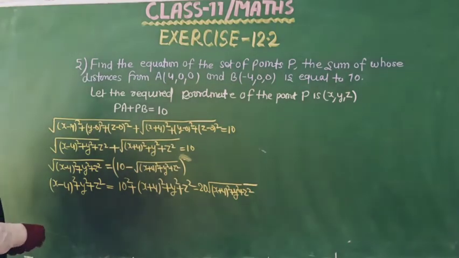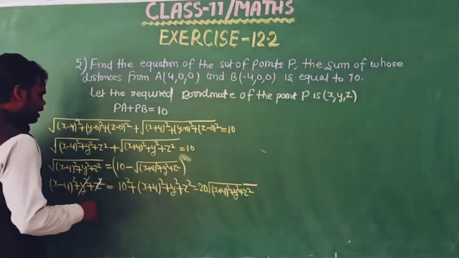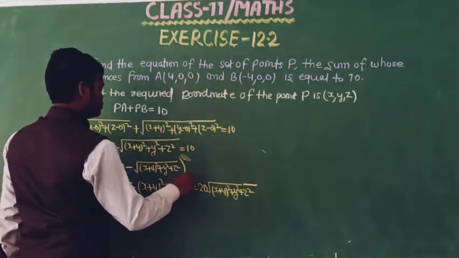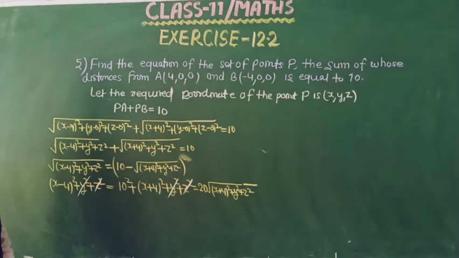Okay, so here we can cancel x square, y square, z square from both sides.